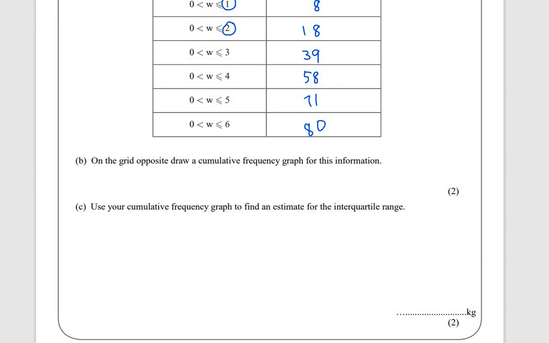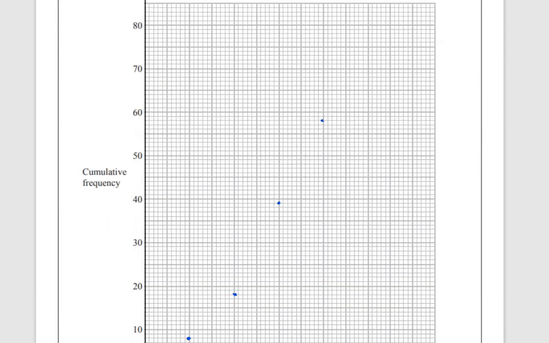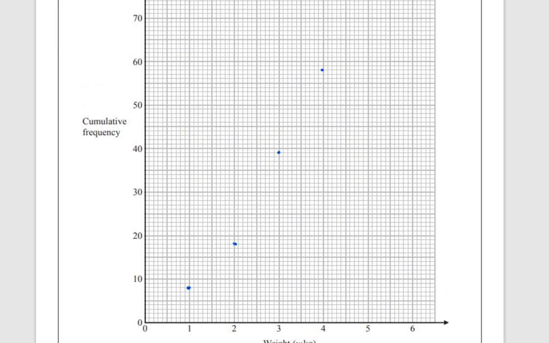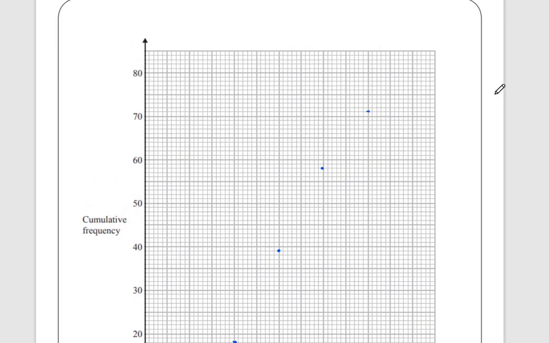And then 5 and 71, 6 and 80. So we'll do that quickly. 5 and 71 is right there. 6 and 80.